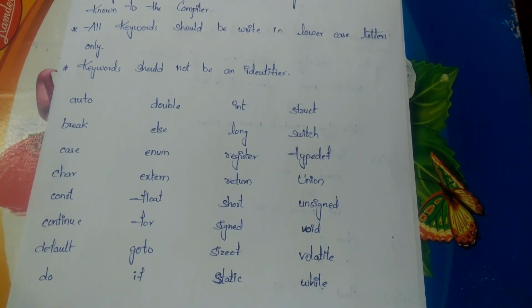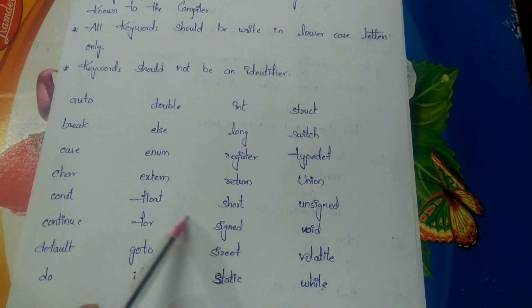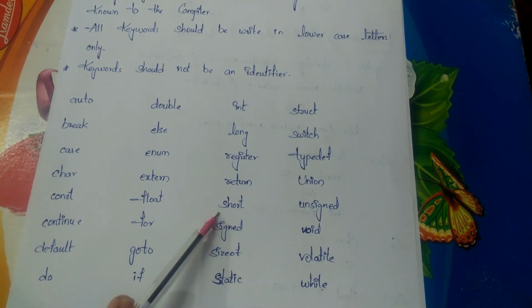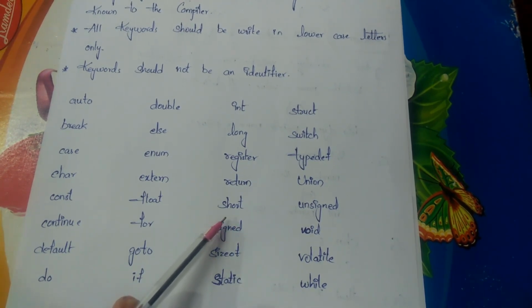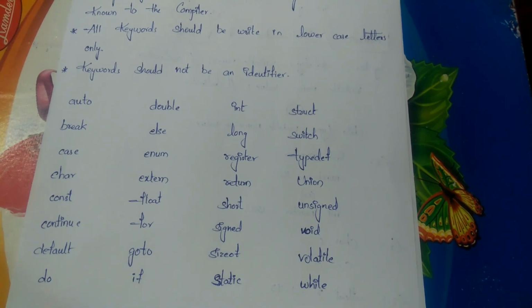These are all the 32 keywords. We cannot use these keywords as variables or identifiers. So this is all about the variables and the keywords.